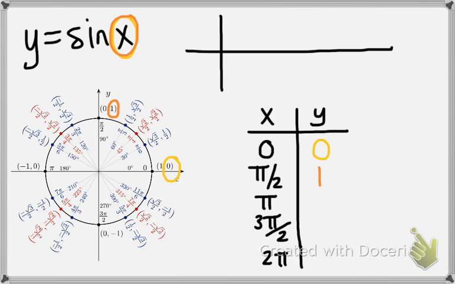If I substitute pi into the sine function, the value is 0 again. If I substitute 3 pi over 2 into the sine function, the value of the function is -1 this time. And finally, if I substitute 2 pi into the sine function, I'm back to where I started, at 0.